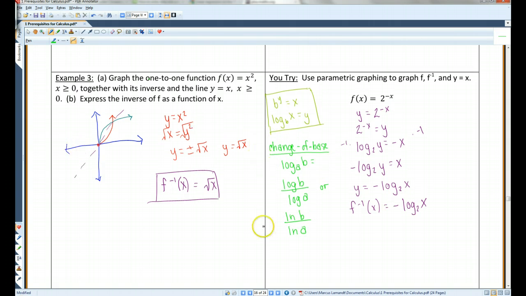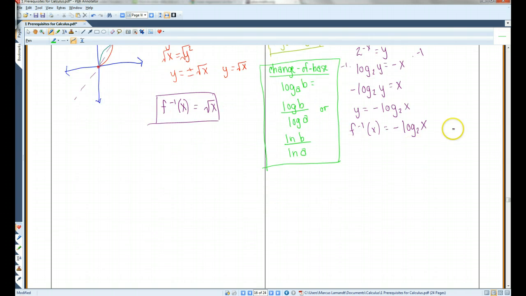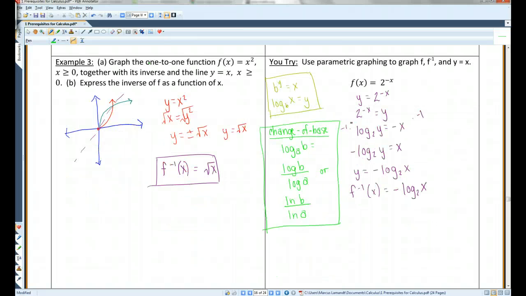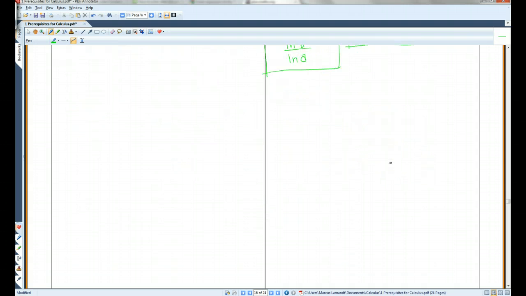Same thing. Alright. Oh, let me box this. Looks very colorful.